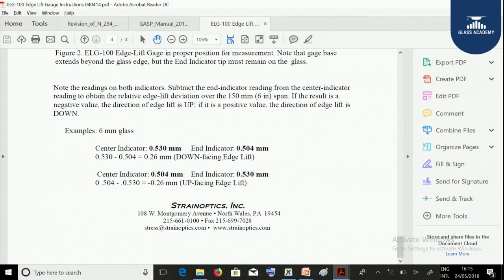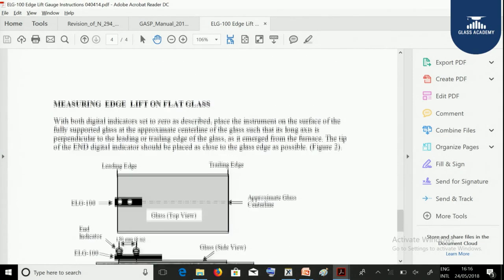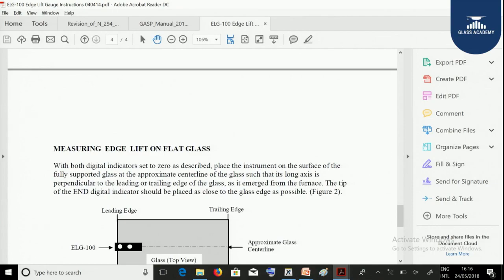The same thing, if I get the center indicator as 0.504 and end indicator as 0.530, when I subtract the center indicator minus end indicator, if I get a negative value, it indicates the edge lift is on the top surface. This is how, with the help of the dual gauge, you are going to measure the edge lift in the glass.